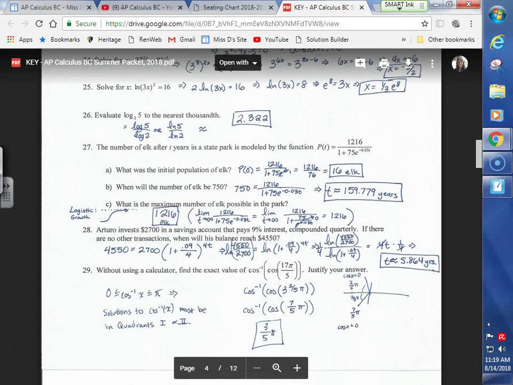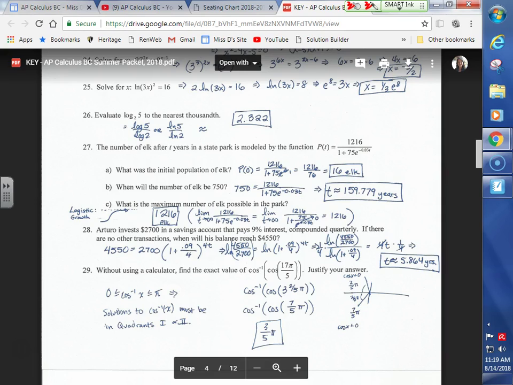Oh, change of base. How to think of the change of base formula? Yes, technically, all of your spiffy updated calculators let you do whatever base you want for a logarithm.